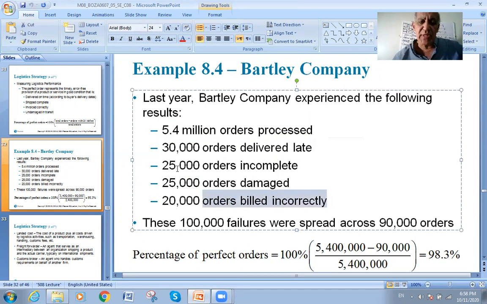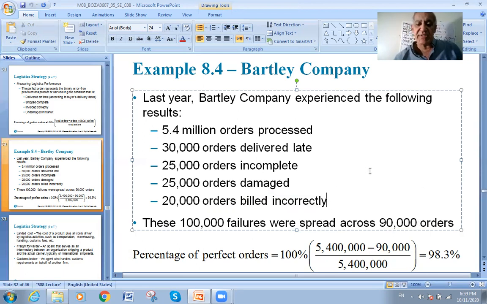So when you collect all of them, 30 and 50, 80 and 20, this is 100,000. These 100,000 failures were spread across 90,000 orders. So those failures are out of 90,000 orders.